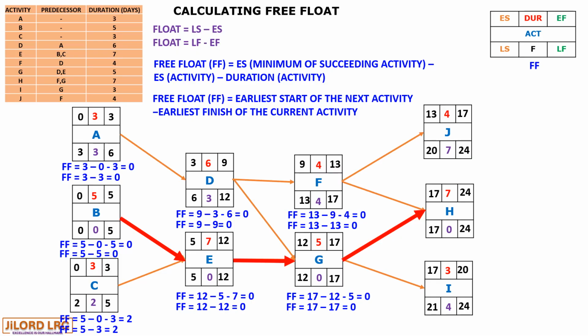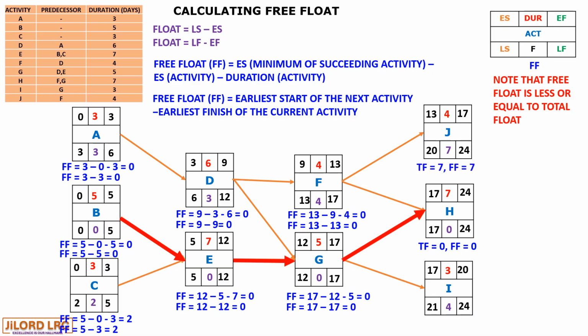But for these ending activities, which don't have a succeeding activity, we use the total float. The float for H is 0, so the free float is 0.